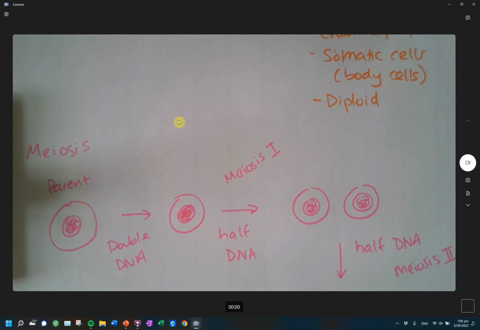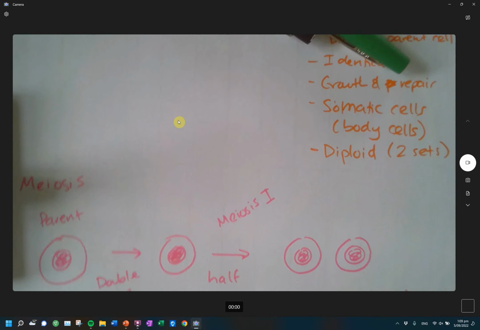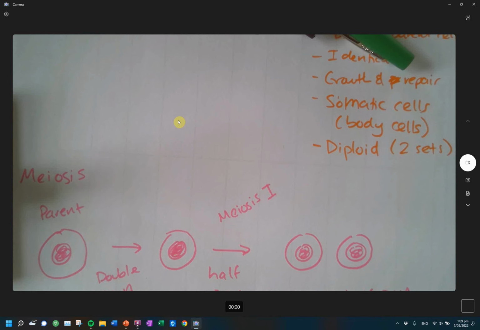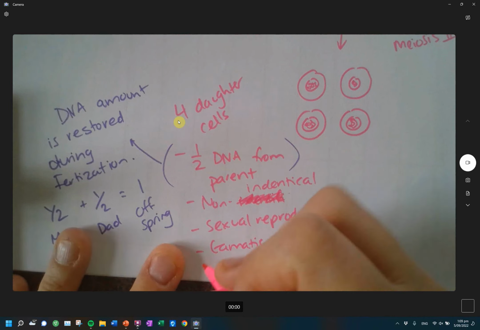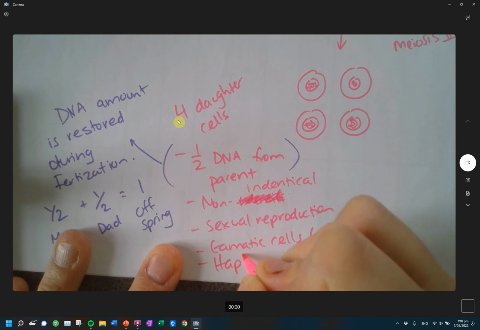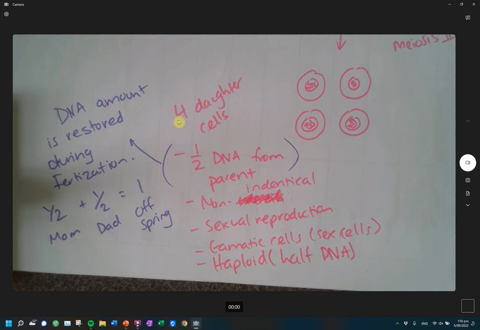Diploid, 2 sets of DNA, a full set. Whereas this one would be called a haploid because you only have half the DNA. The 4 cells are called haploids. I just want to tick off some more words. Haploid and diploid.